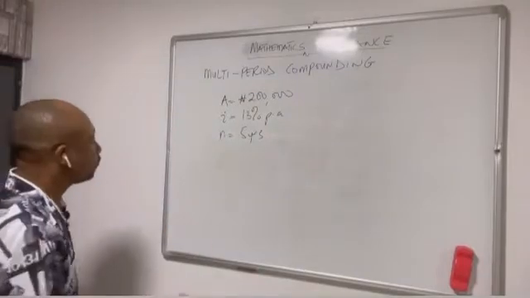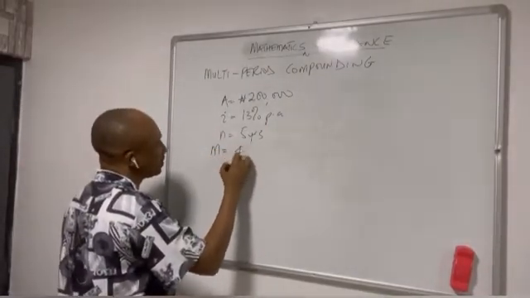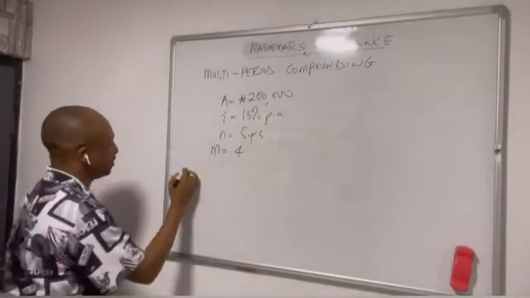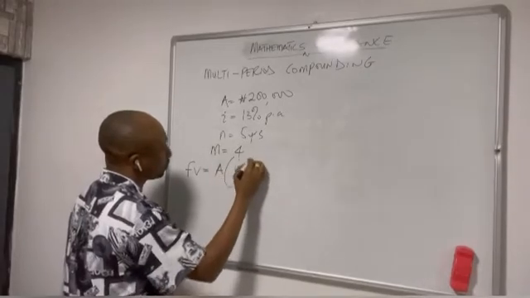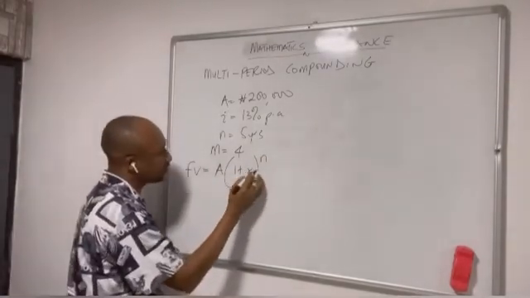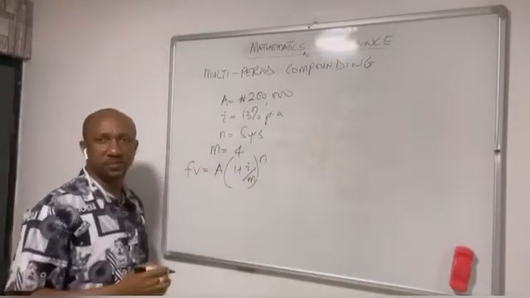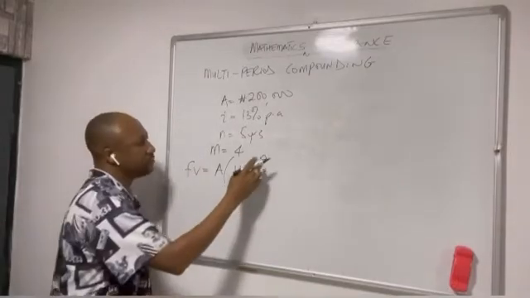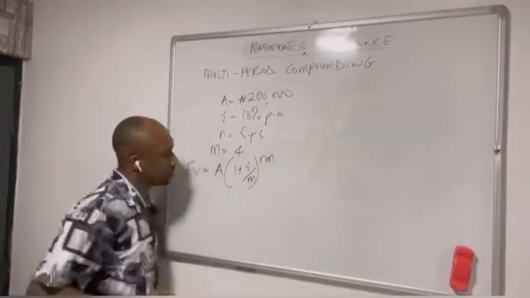So in this example, where interest is paid 4 times, the future value will be determined as amount into 1 plus rate of interest raised to the number of years. So we divide the rate of interest by the number of times interest is paid per annum, and then multiply the number of years by the number of times interest is paid.